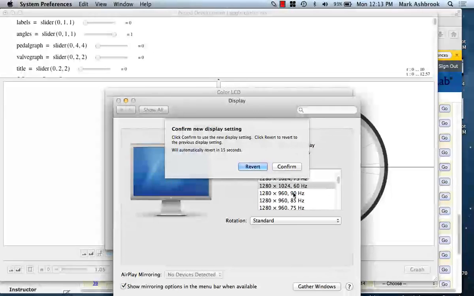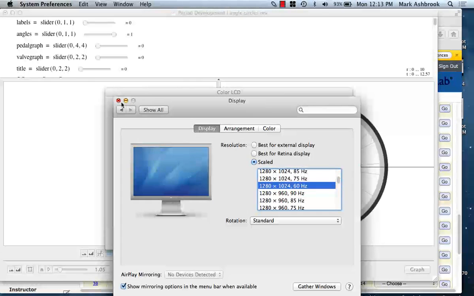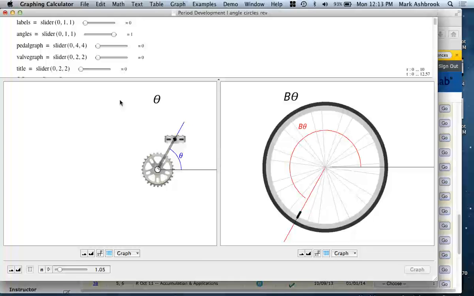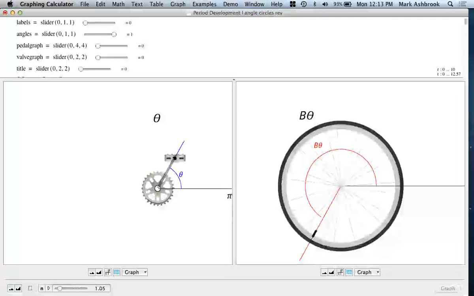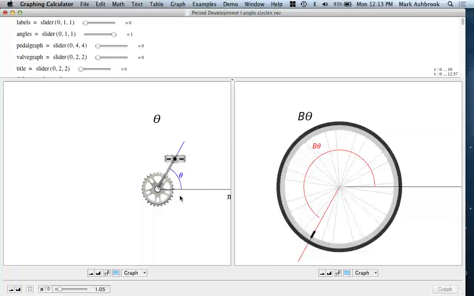Let's see if we can get one here. How about now? Better? Okay, so now we have a working wheel.